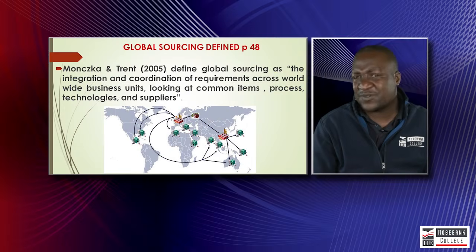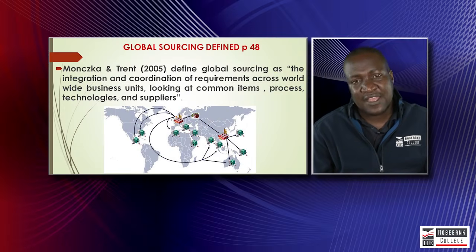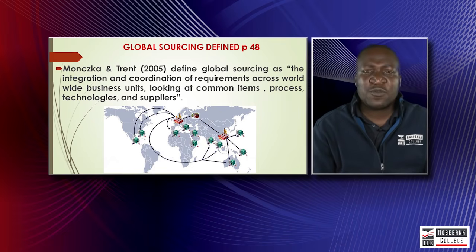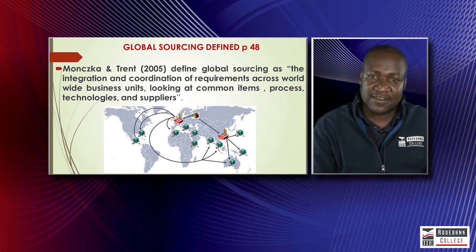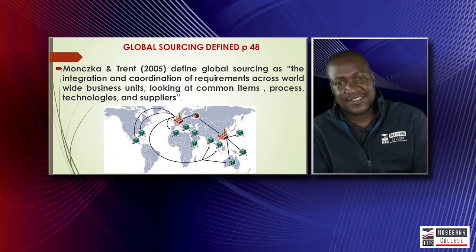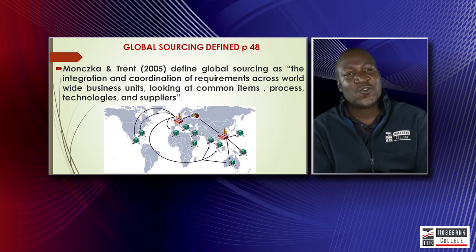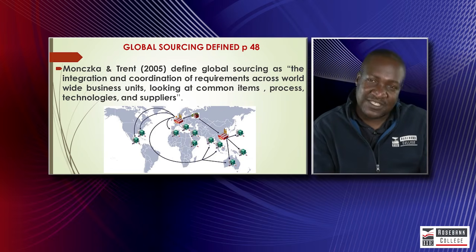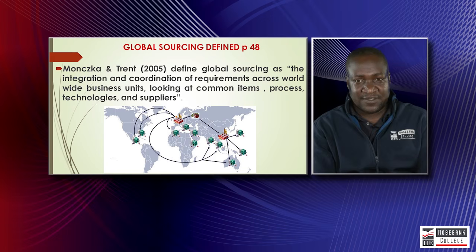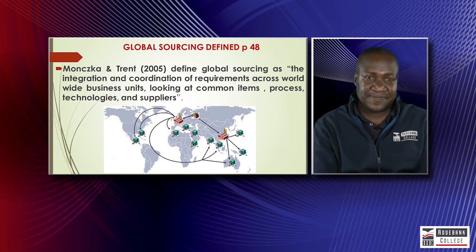So the first thing is you need to know how to define global sourcing. And we are saying global sourcing is the integration and coordination of requirements across worldwide business units, looking at common items, process technologies, and suppliers.